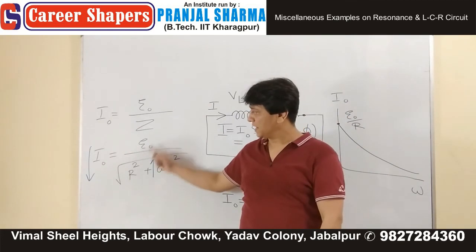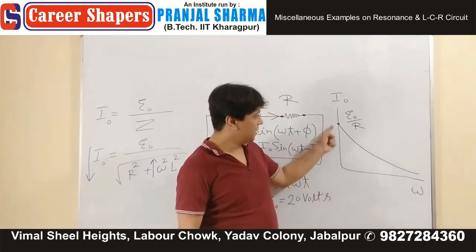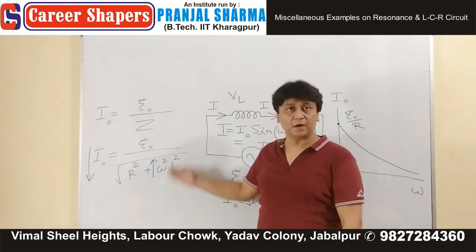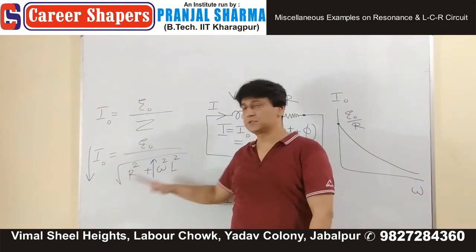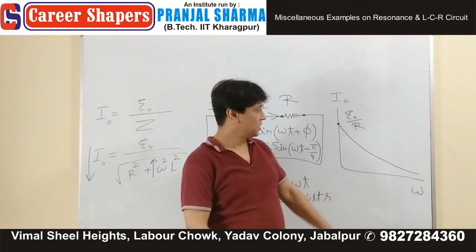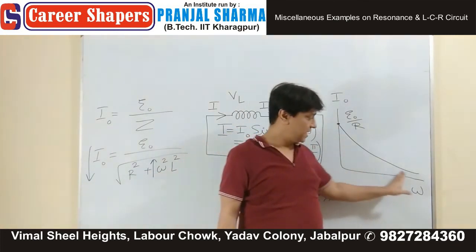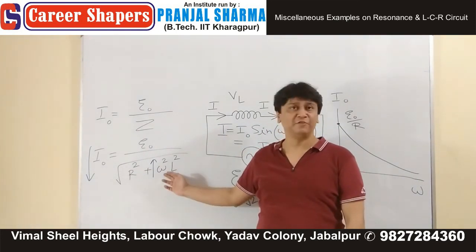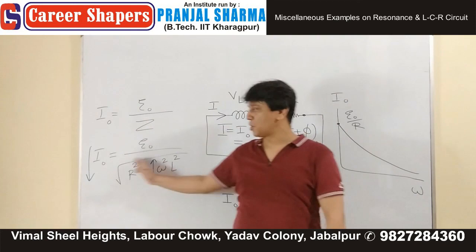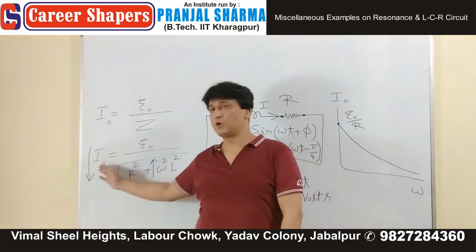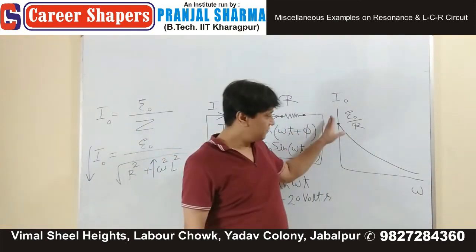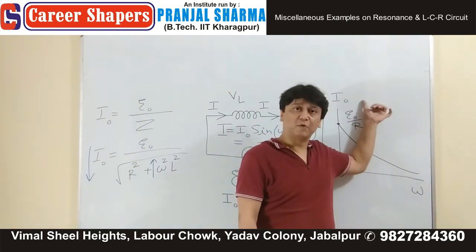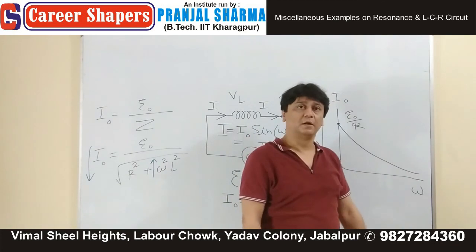You get E naught by R. So right here, I naught is E naught by R. But now as I increase the omega term, this denominator starts increasing and therefore graph continuously decreases, and theoretically as omega becomes infinite or very large, this denominator will be infinite and your I naught will become 0. The graph is continuously decreasing and this is the shape of the graph between peak value and omega.